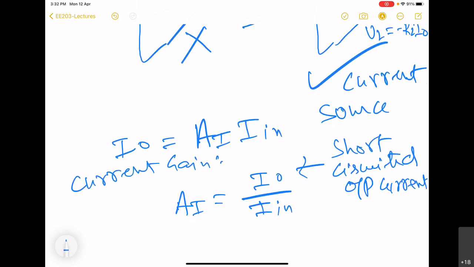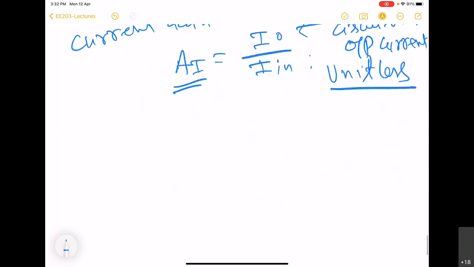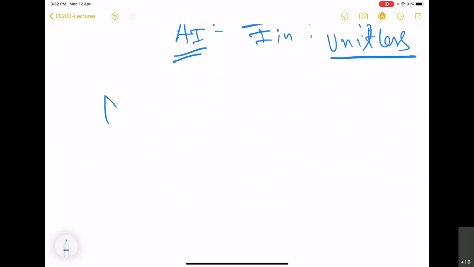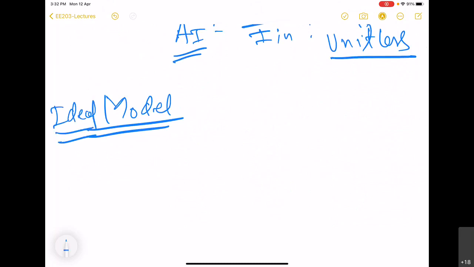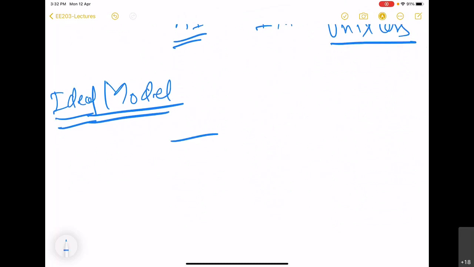And these two quantities, this AI and the AV that we calculated for the first class of amplifier, both are unitless. And the model in this case is, of course, the ideal model for this class of amplifier, like this.